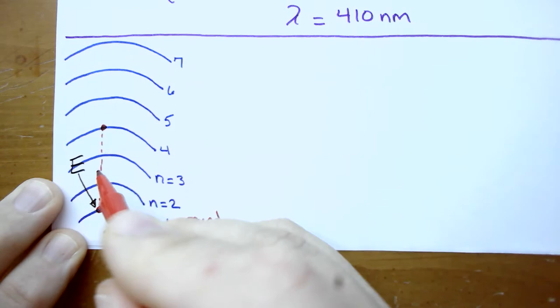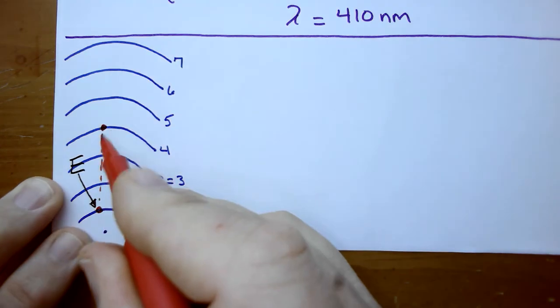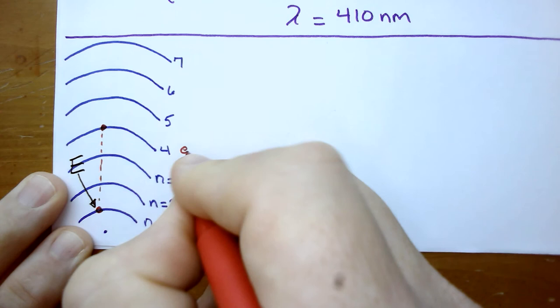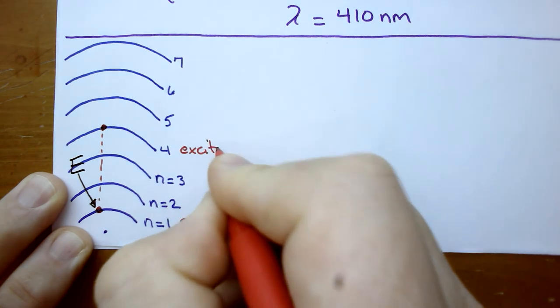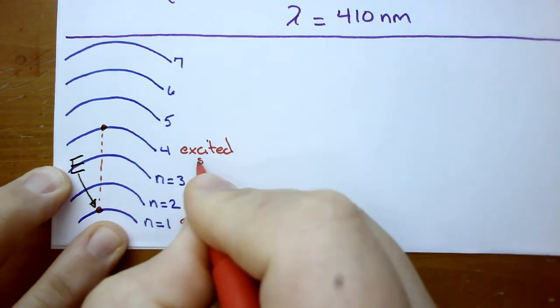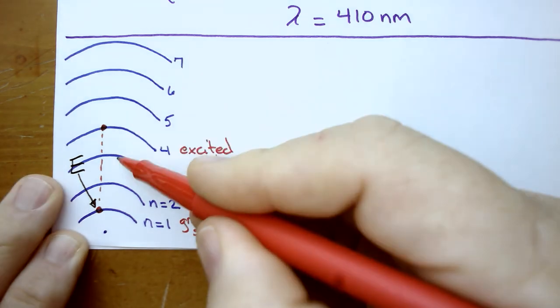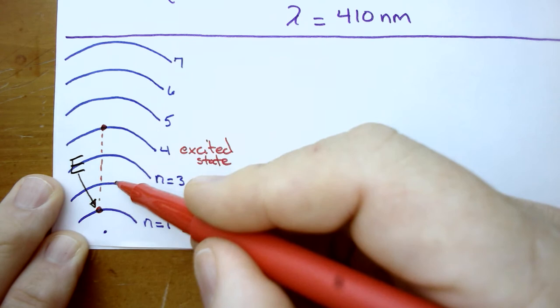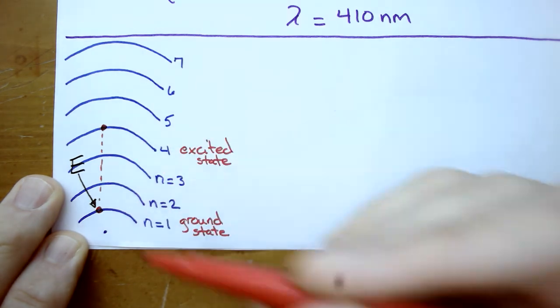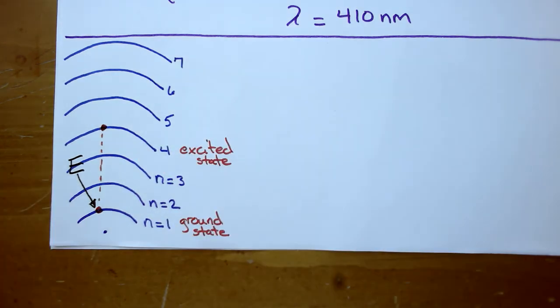So now at this higher energy level state, it's at an excited state. Well, it can't stay at the excited state. So from that excited state, it may drop to N3 or N2 or even N1. But let's just say it's dropping down to N2.